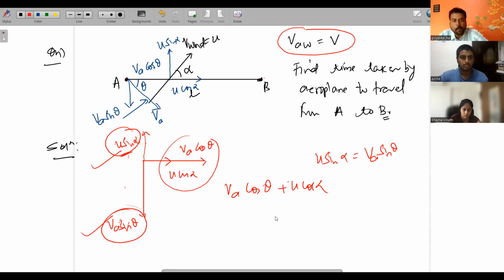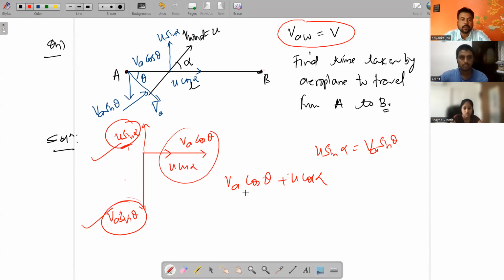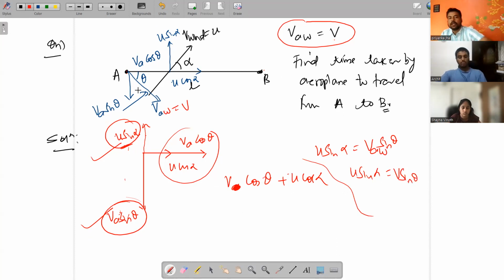Understood? And this VA was the velocity of the aeroplane with respect to wind. That was V. So this is your V. So U sin alpha equal to V sin theta, because the aeroplane has to start at this angle with this velocity that is given here with respect to wind.